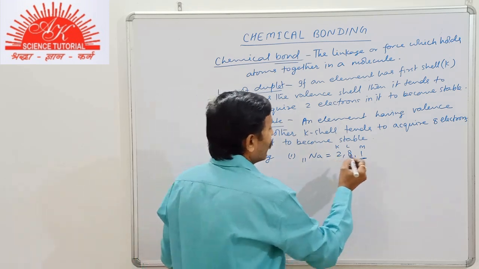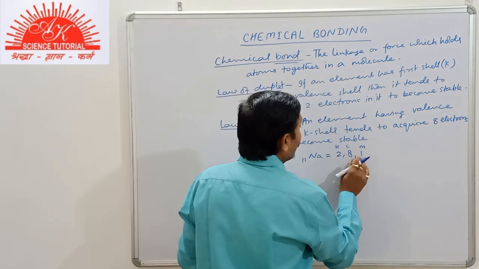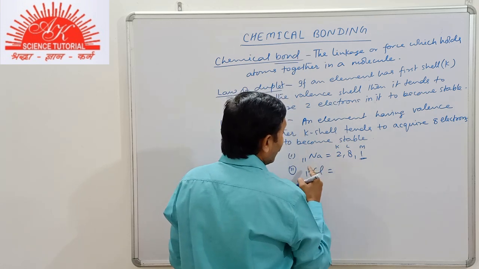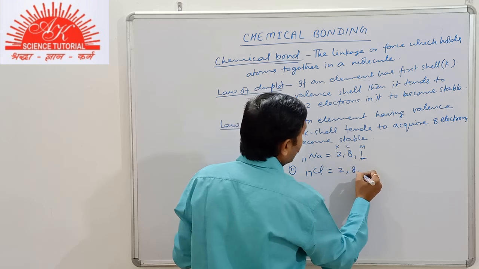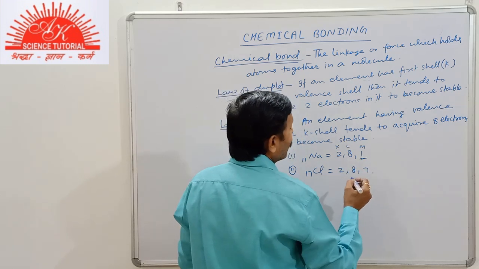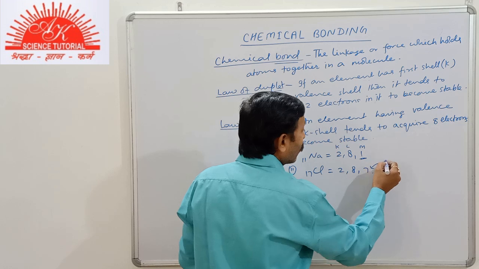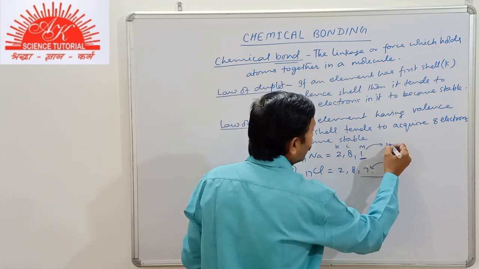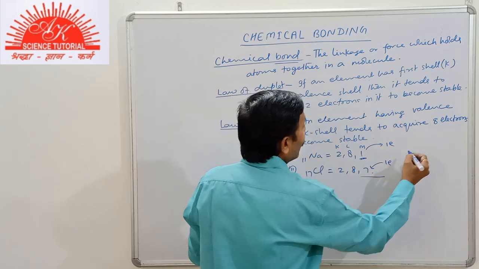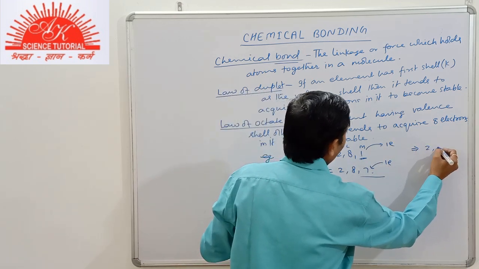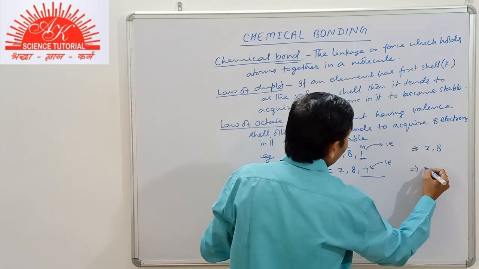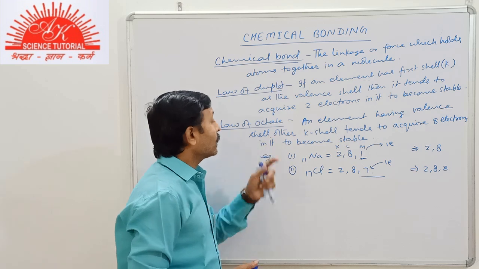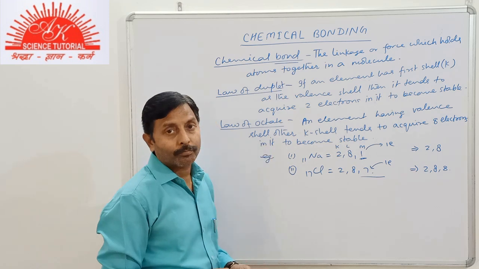So it will complete its octet by losing 1 electron. Similarly, chlorine has atomic number 17, configuration 2, 8, 7. This time it will gain 1 electron to make it stable, and as a result it will have the configuration 2, 8, 8. So this is called the law of octet.